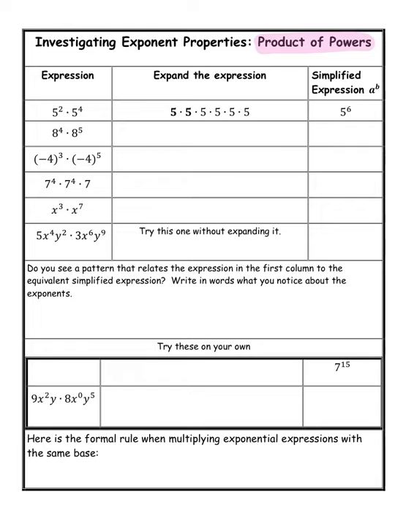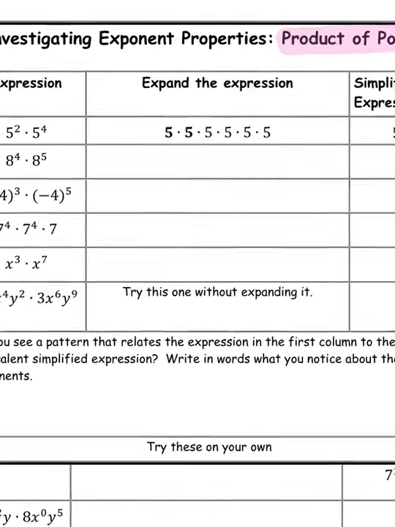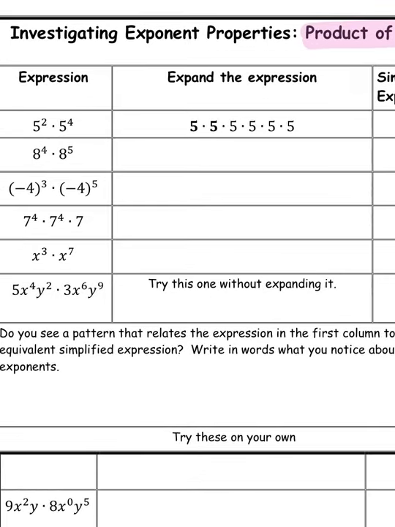So if we look at the first example, we have 5 to the second times 5 to the fourth. And when we expand that, and remember from the notes yesterday, expanded form means you write it all out. We have the first 5 to the second written here. 5 to the second, that's this. And then we have the 5 to the fourth written here.